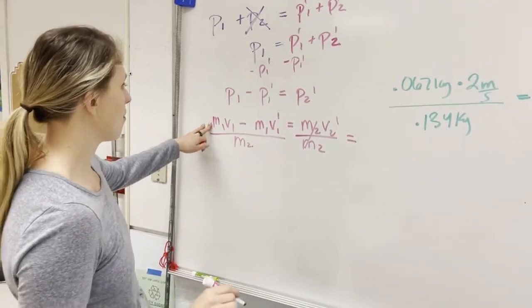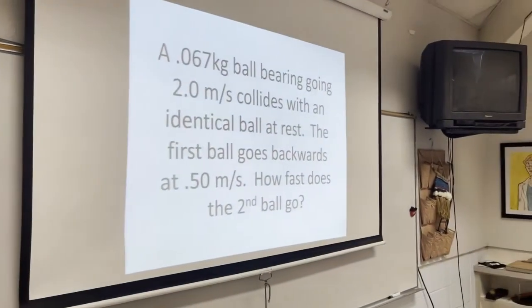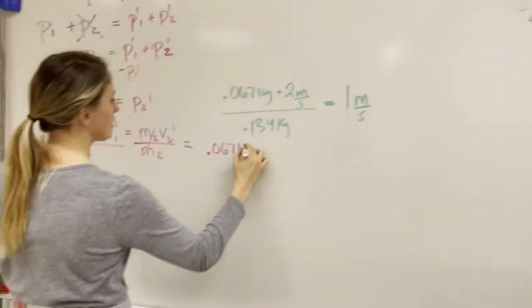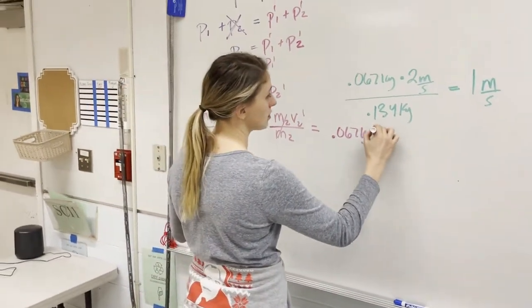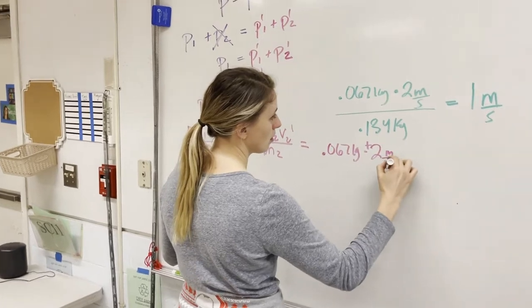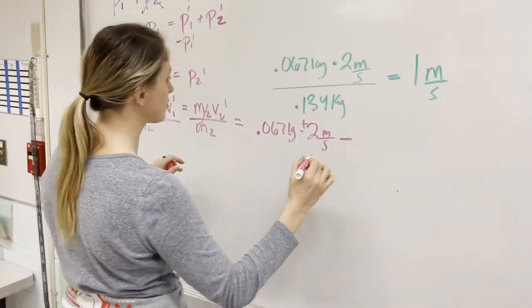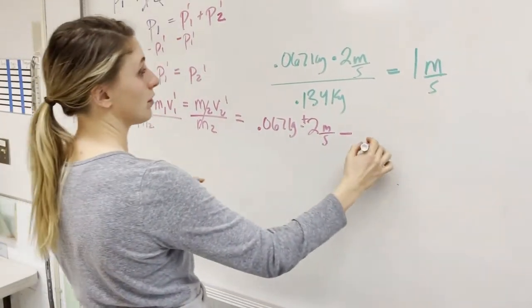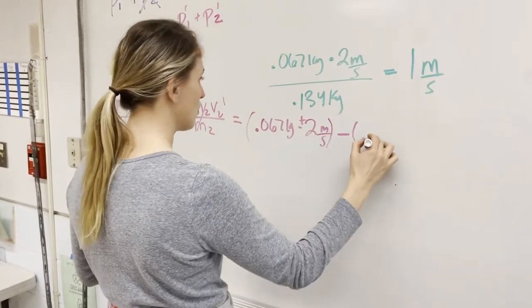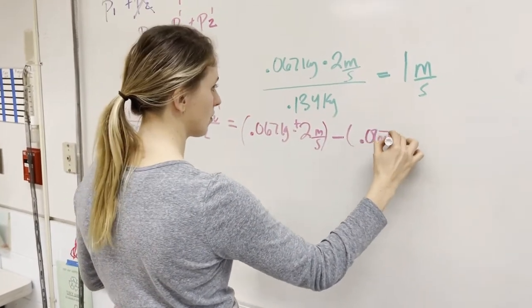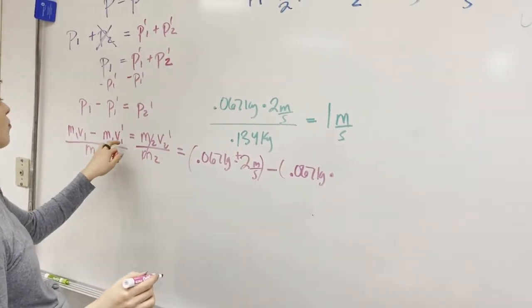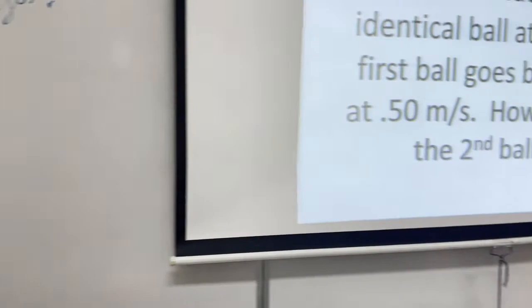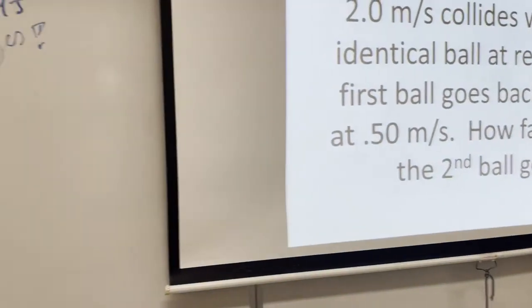So the balls are both 0.067 kilograms, right? Okay, so 0.067 kilograms times the velocity of the first ball, which is 2 meters per second, and this is the positive direction, minus 0.067 kilograms times the second ball prime, which goes backward at 0.5.